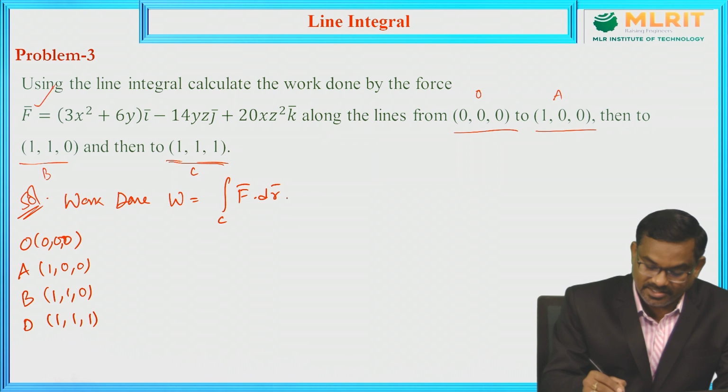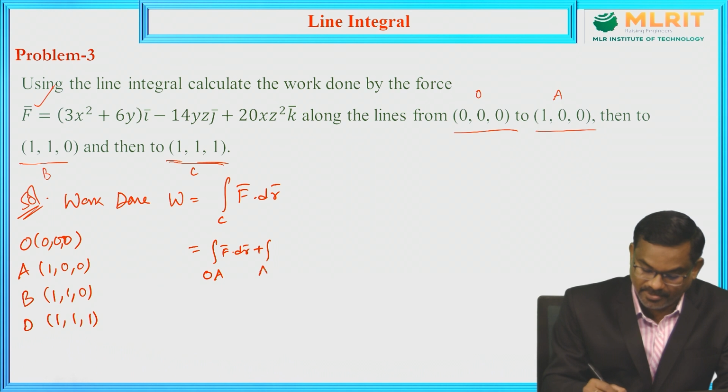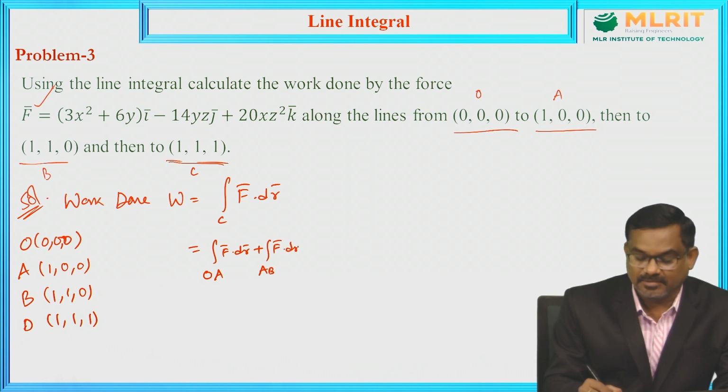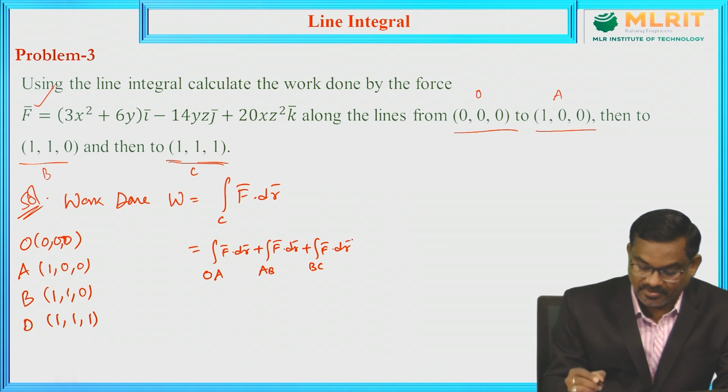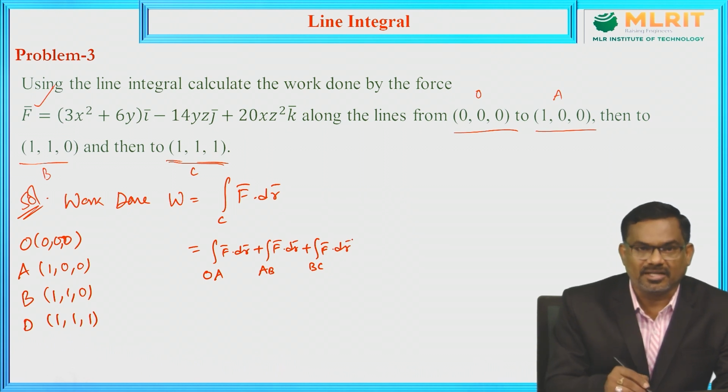Then this line integral is equal to the integral along OA of F bar dot dr bar, plus along AB, plus along BC, F bar dot dr bar. So we need to evaluate the line integral along each of the three lines OA, AB, BC.